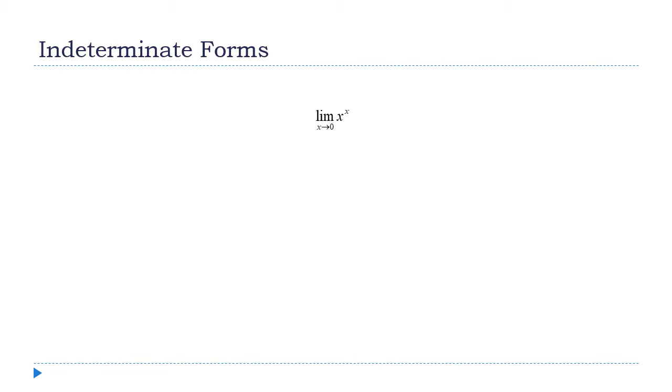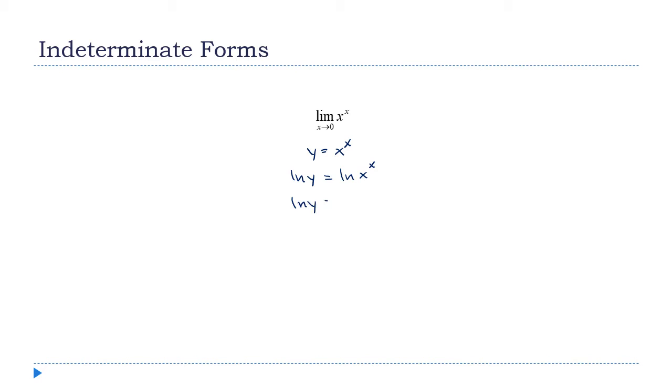All right, so what I'm going to do is I'm going to say, look, let y equal x to the x. All right, then I'm going to take the logarithm of both sides. The log of y equals the log of x to the x. All right, now let's simplify that right-hand logarithm.